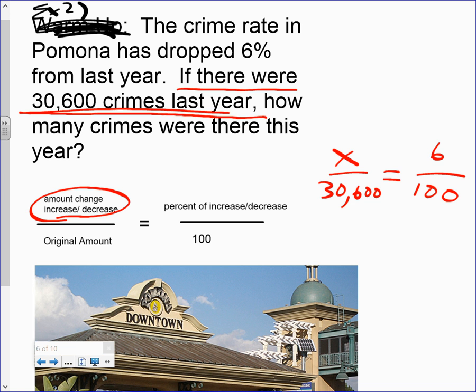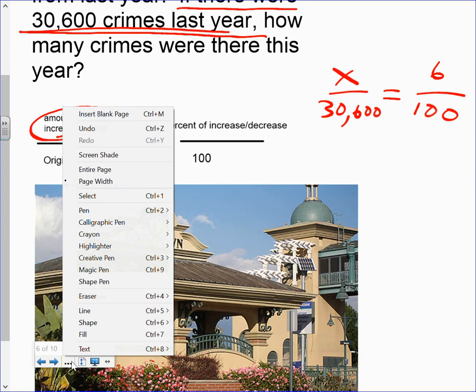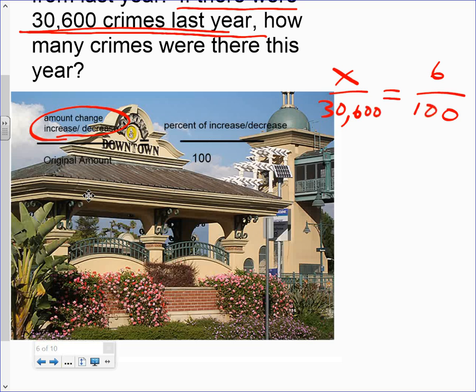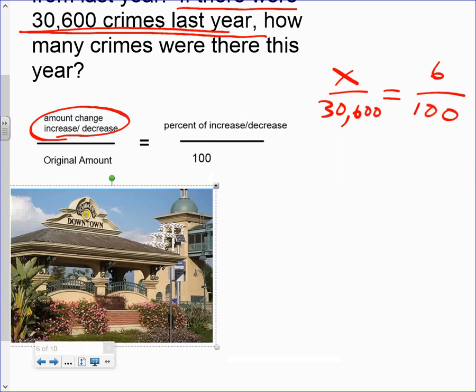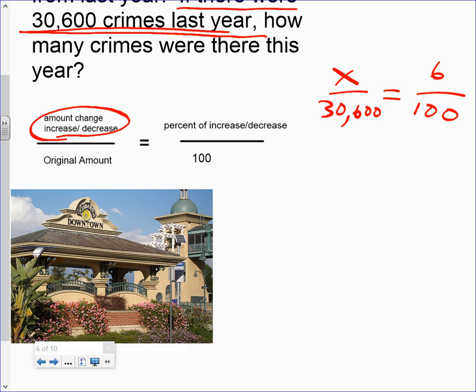It's asking how many crimes there are this year. We know the percent. We know how much there was last year. We can figure out how many crimes there were this year. Let's solve for X first, because that'll tell us how many crimes it changed from last year to this year. Let me shrink my downtown picture here a little bit. There we go. So let's cross multiply: 30,600 times 6.